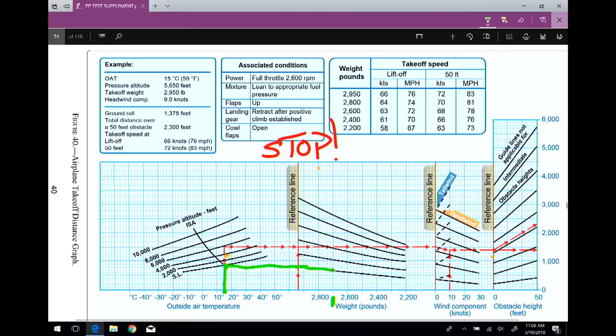So I'm going to go barely above it. Now what? Then you draw straight across. About right there. And I get to that reference line and I draw straight across. Stop. Elijah, now what? Now you draw straight across.